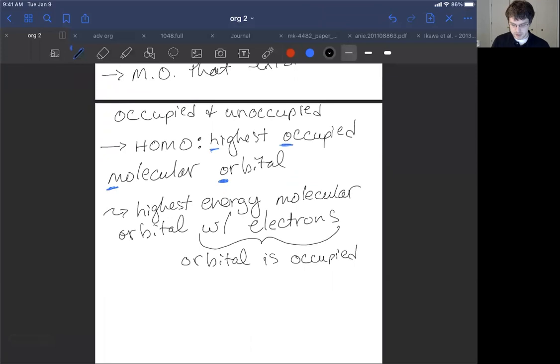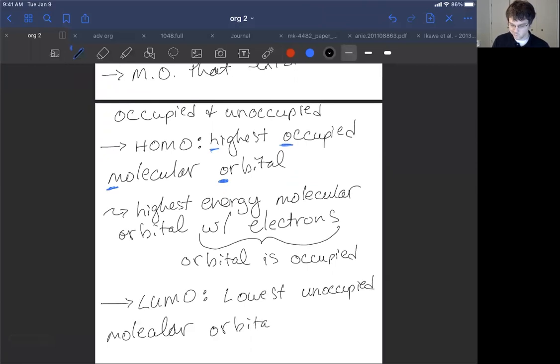Okay, so that's in contrast to the other frontier molecular orbital. That's the LUMO, which is the lowest unoccupied molecular orbital.